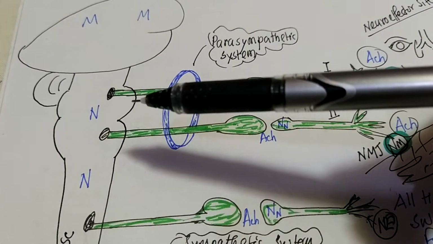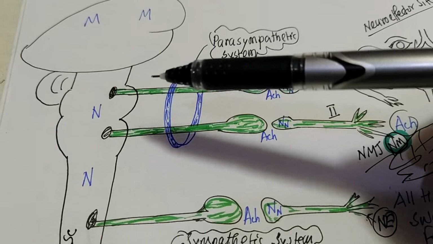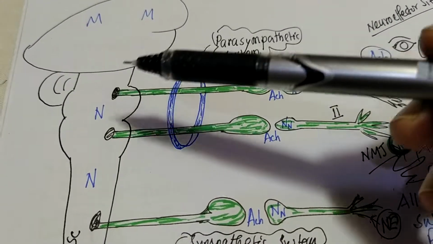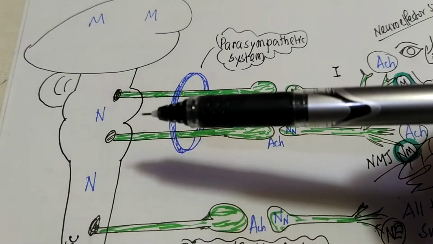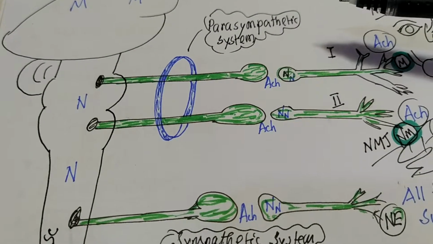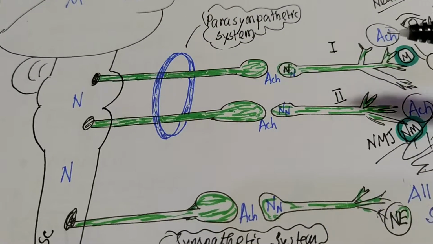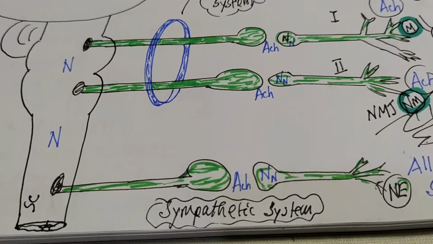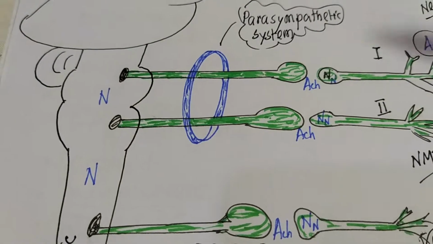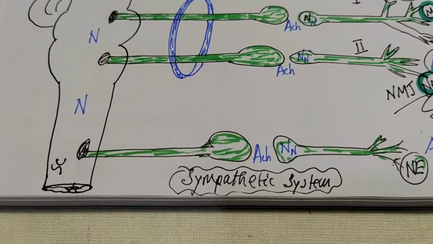Very important question in your exam viva. Ganglia may be in the parasympathetic system and the sympathetic system.